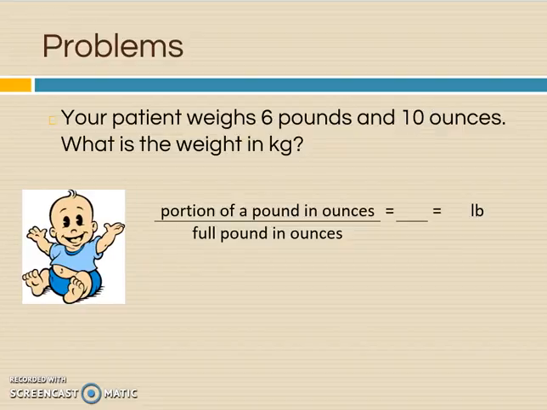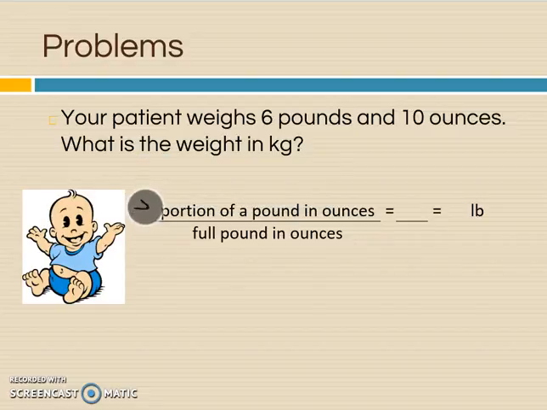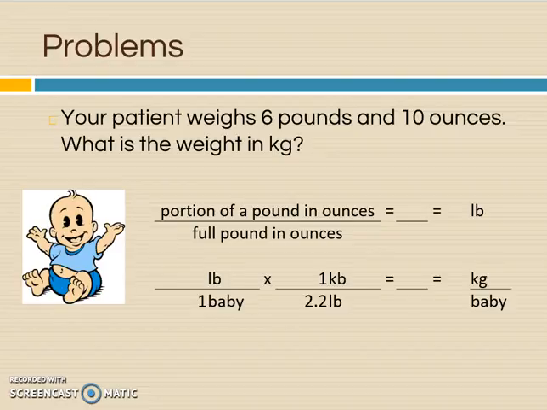So the way to do that is you take the portion of the pound, which is the 10 ounces, and you put the full portion down here. Now we know that 16 ounces are in a pound, so the bottom number is always going to be 16, and here you have it.